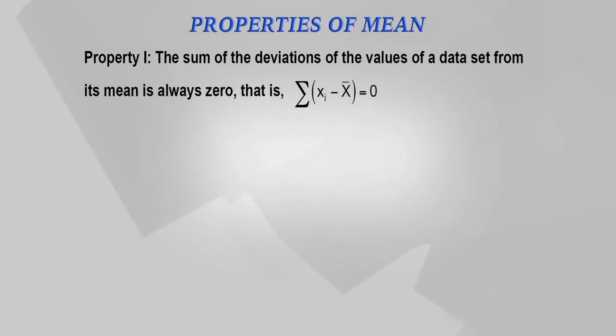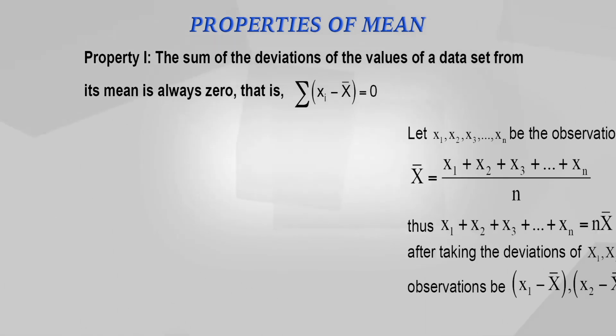So, let us start with the first property. Property 1 says the sum of deviations of the values of a set of observations from its mean is always 0. Symbolically, summation of xi minus x bar is equal to 0.